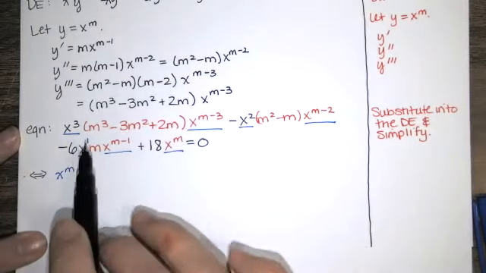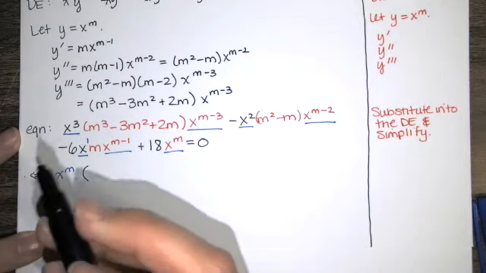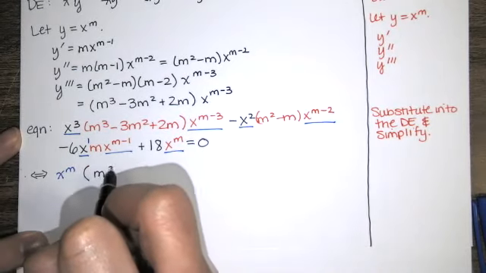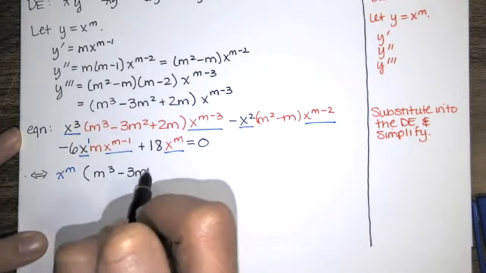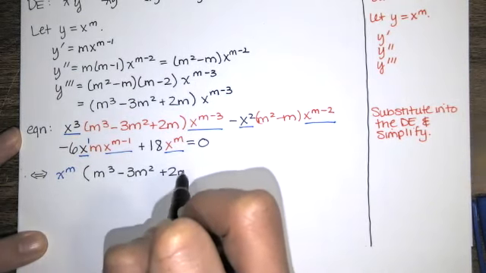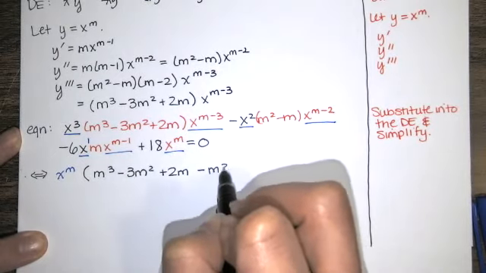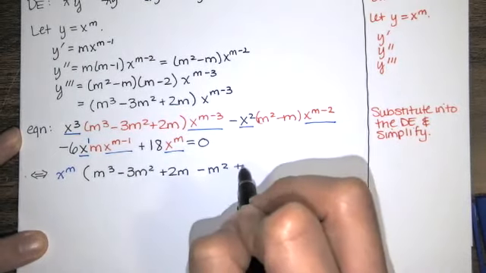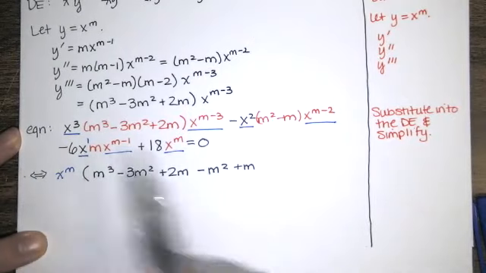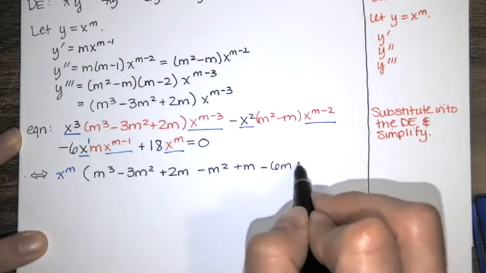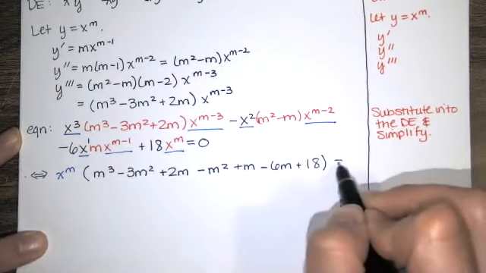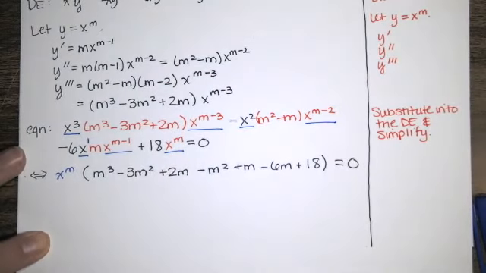And then what's left over is the polynomial pieces. So I've got m cubed minus 3m squared plus 2m. And then I'm subtracting this quantity. So I'll subtract m squared, and I'm subtracting a negative m, so that's plus m there. And then I'm subtracting 6m there and adding 18, and we're setting that equal to 0.